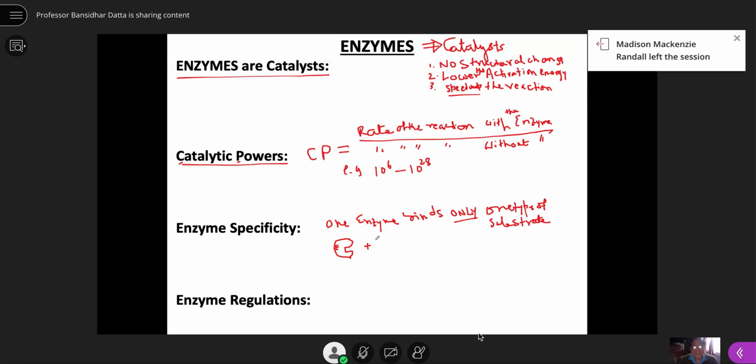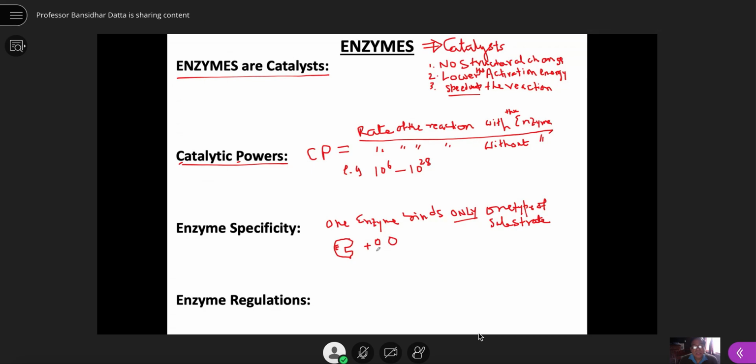A substrate looks like this, another substrate looks like this, and another.